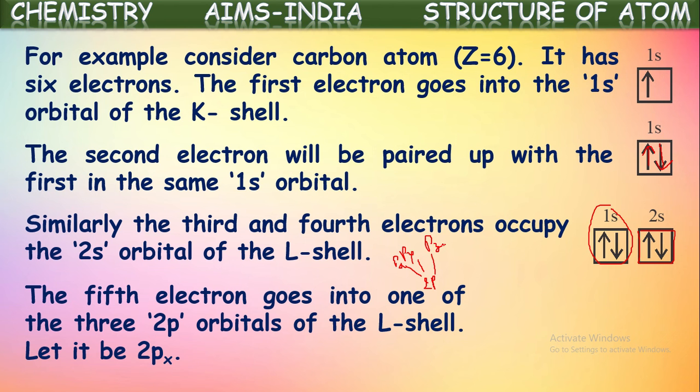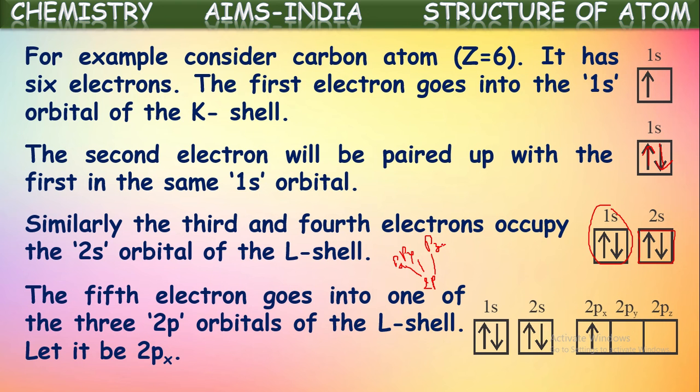So the fifth electron will enter one of these 3 orbitals, represented as 2px, 2py, and 2pz. Let us consider this fifth electron entered the 2px orbital. It can be represented diagrammatically like this: 1s, 2s, and in the 2p, the 2px orbital is occupied by the fifth electron.